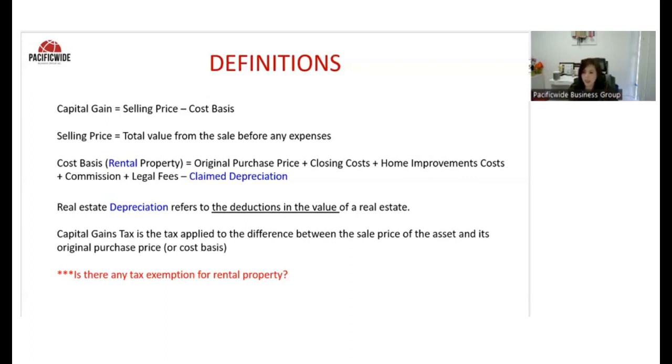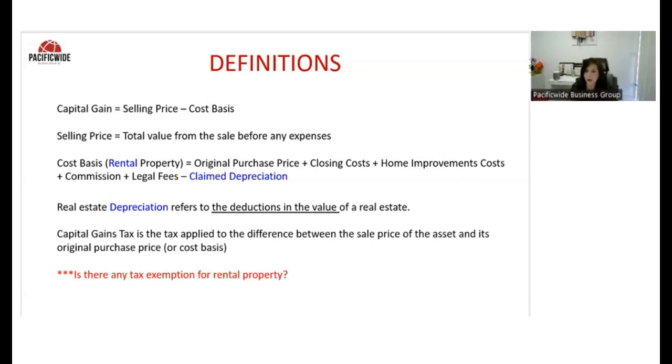And depreciation actually helps you reduce the amount of tax you have to pay to Uncle Sam. That's it. Because you already deducted it during the years you owned the property and rented it out, now you cannot include it in your cost basis, but you have to take it away. So that has to be in there.